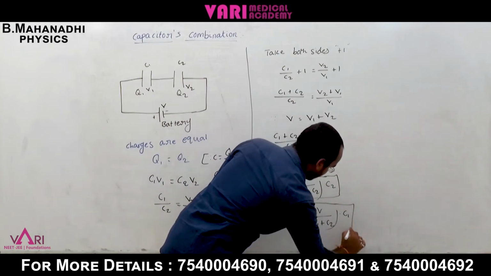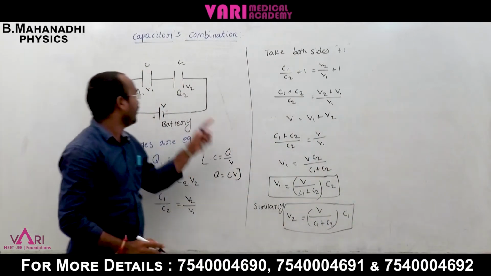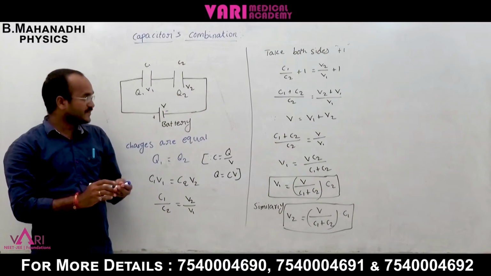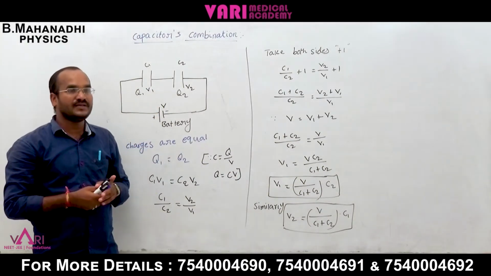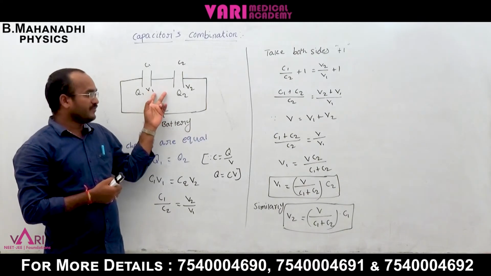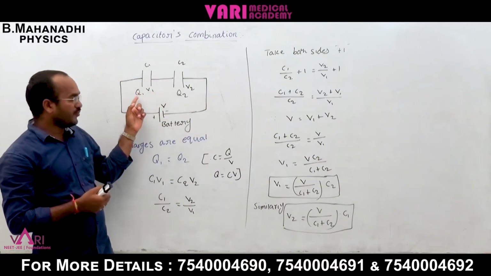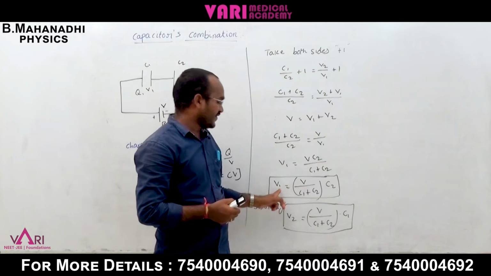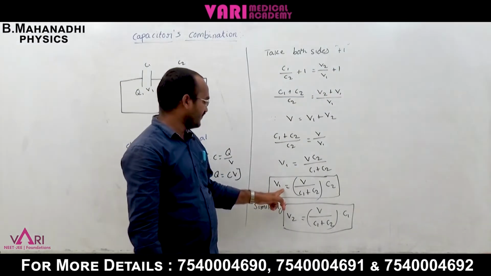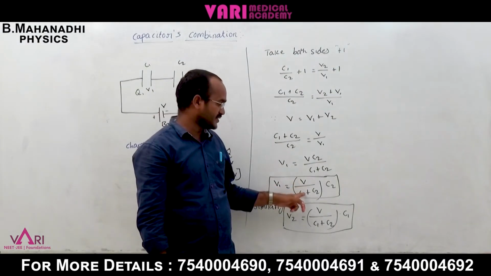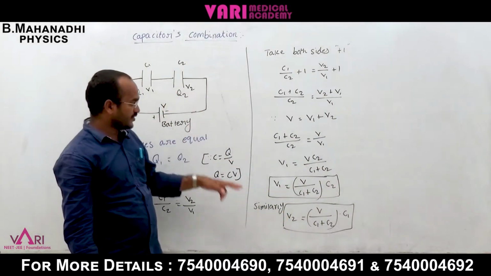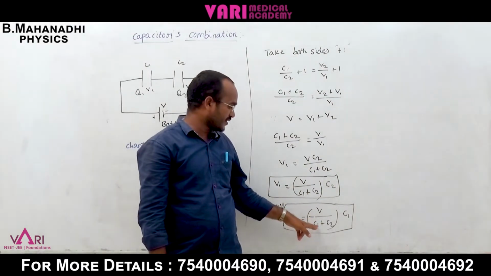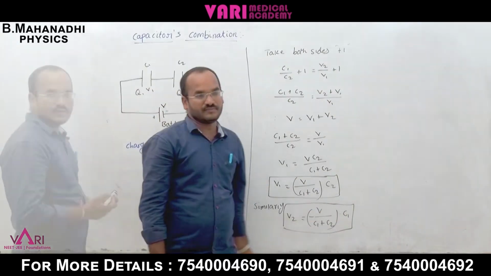This is the explanation: if capacitors are connected in series, the potential across each capacitor is, for the first, V1 equals V by C1 plus C2 into C2, and for the second, V2 equals V by C1 plus C2 into C1.